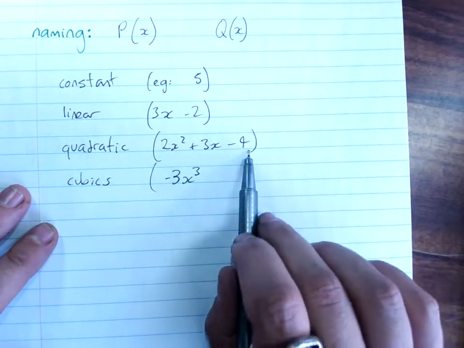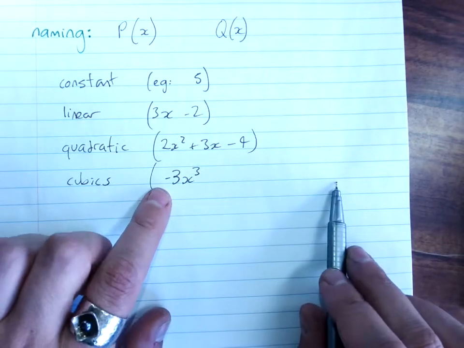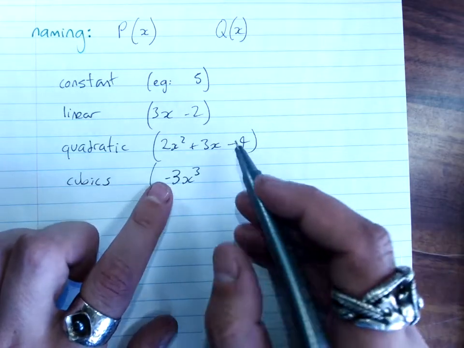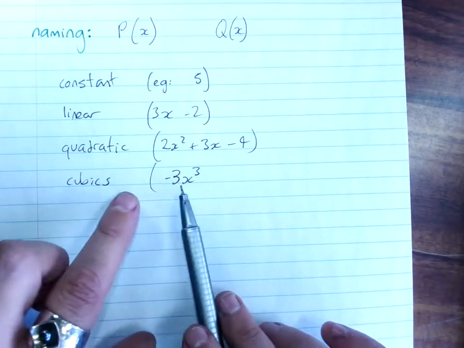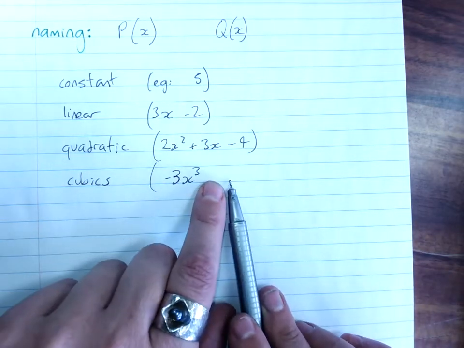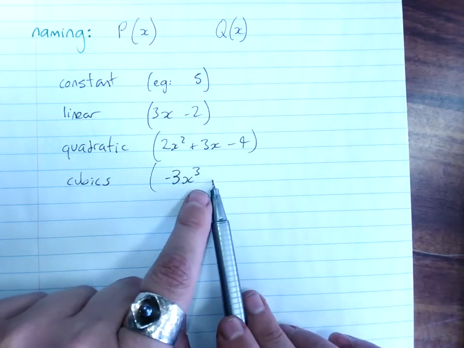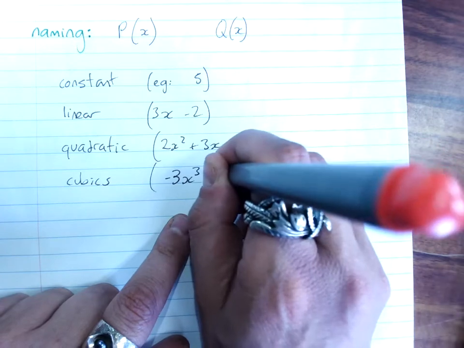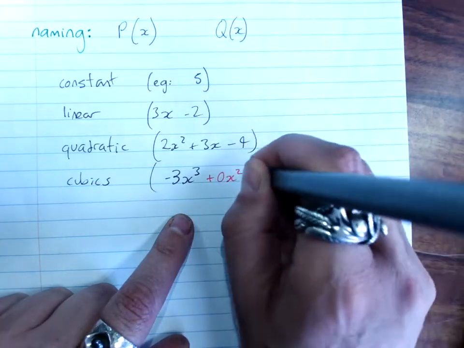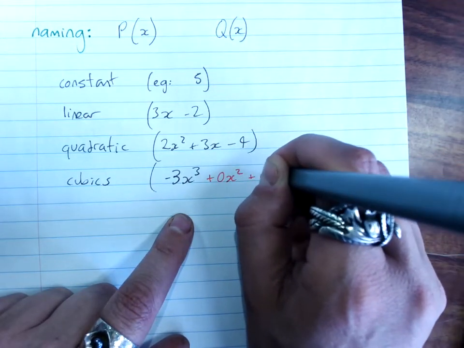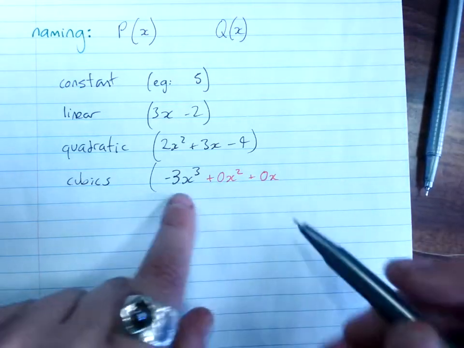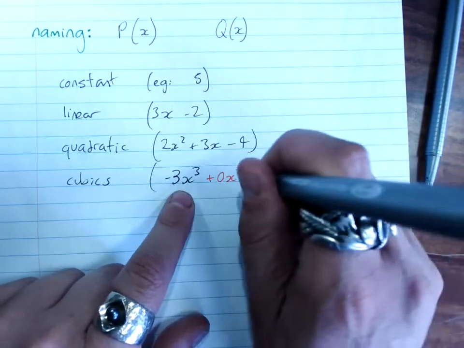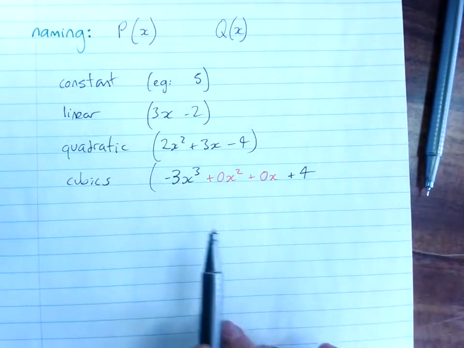Now you don't have to have all the powers of x for it to be a polynomial. You don't have to have a power of x squared, because if I don't have that, all it means is that the coefficient of x squared is 0, plus 0x squared, plus 0x. If they're not there, that's what's happening. And I'm just going to add a constant in on the end there.